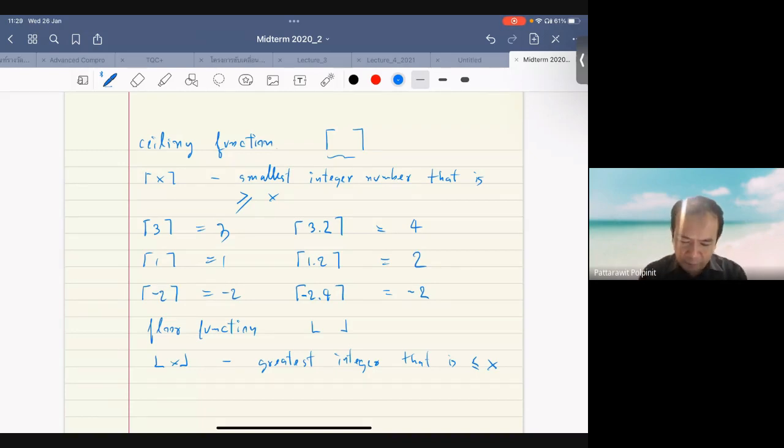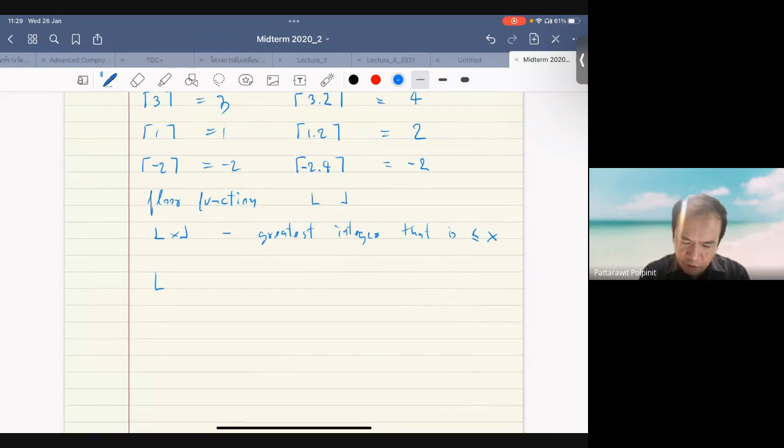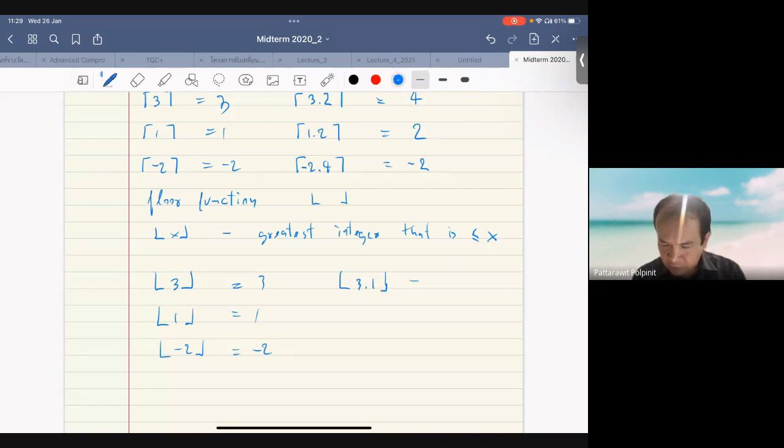So for example, the floor of 3, of course you get 3. The floor of 1, you get 1. The floor of -2, you get -2. But the floor of 3.1, you get 3 because 3 is the biggest number that is still less than 3.1. You cannot use 4 because 4 is already bigger than 3.1.